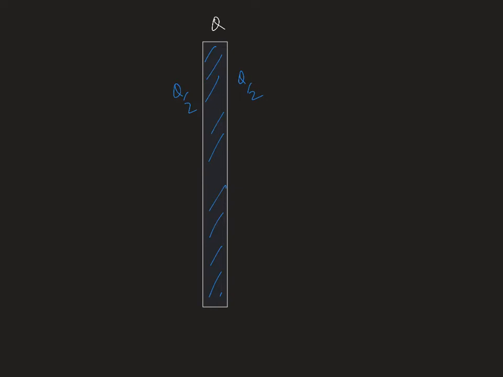Now due to this q by 2, let me draw the left q by 2 with a different color, q by 2 in green. Now due to the blue q by 2, the field is q by 4a epsilon naught, and due to the green q by 2, the field is again in the same direction, q by 4a epsilon naught. So the net field becomes q by 2a epsilon naught.